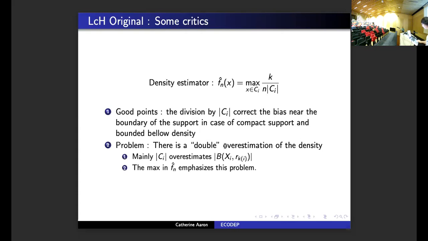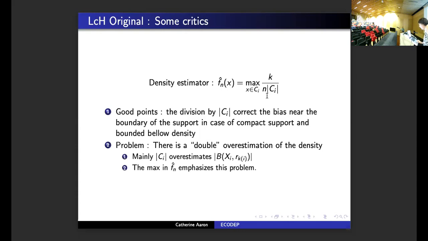Let's start with the problem. The problem is that we clearly overestimate the density. We overestimate it twice. Once because, in the usual nearest neighbor density estimation, you divide by the volume of the ball of the radius, and here you divide by the volume of the convex hull of the sample points that belong to this ball.